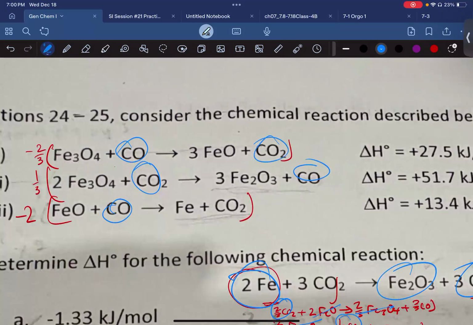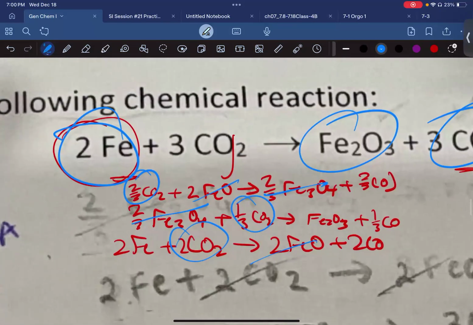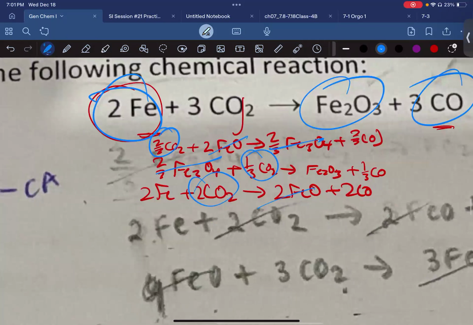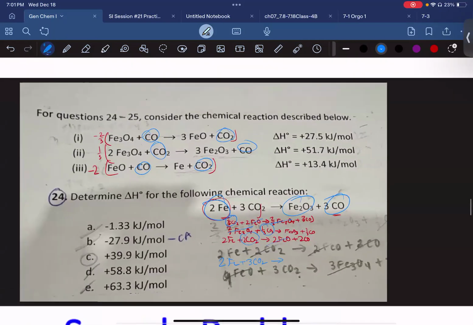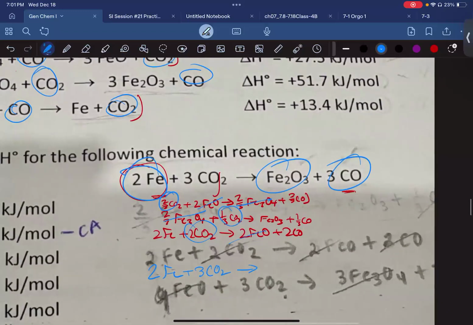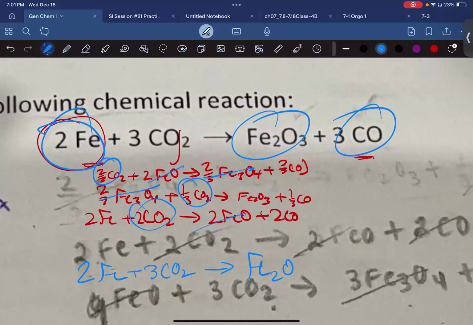If you do this, you're going to get the product, as I showed, and then you can do the delta H from there. All right, does everyone understand?